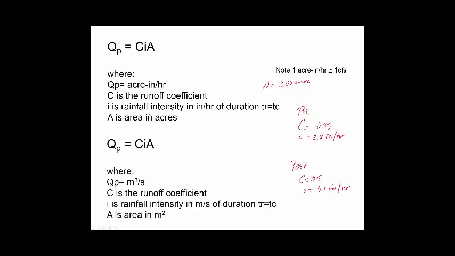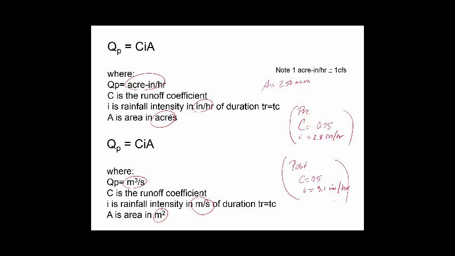So this is acre inch per hour if I use a rainfall intensity of inches per hour and the area in acres. If I want cubic meters per second, then I use the intensity in meters per second and the area in square meters. Okay, so these are my conditions.